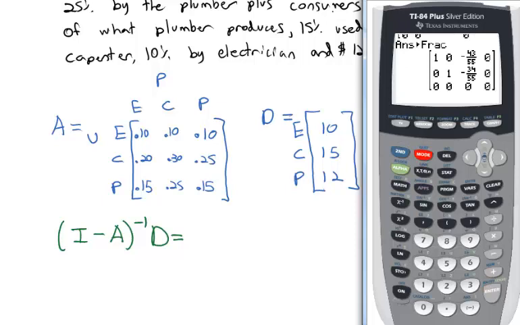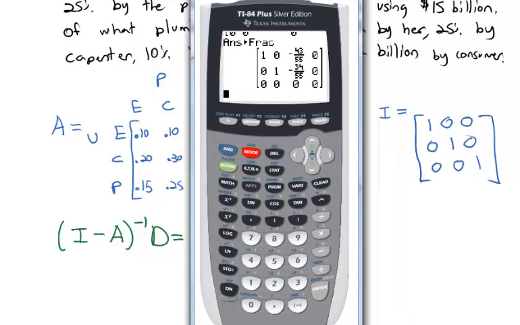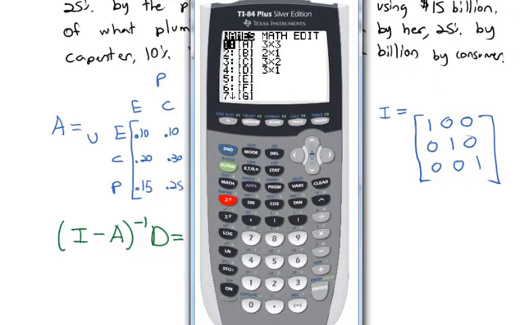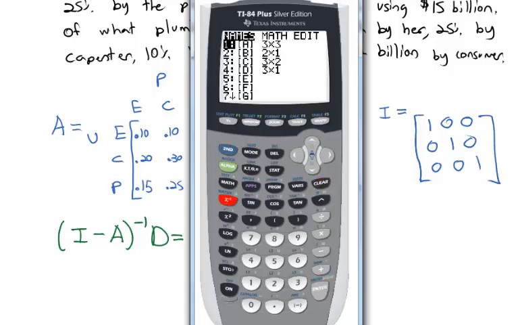The other matrix we wanted to put on there is the identity matrix. Second matrix. And I'm going to scroll down all the way to the I for identity, just because I've got lots of letters. I might as well use I to always represent my identity. Second matrix, Edit.